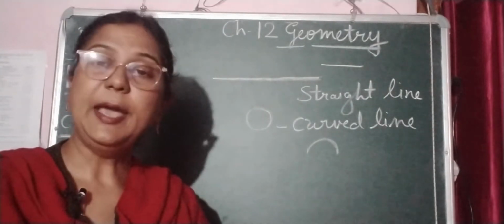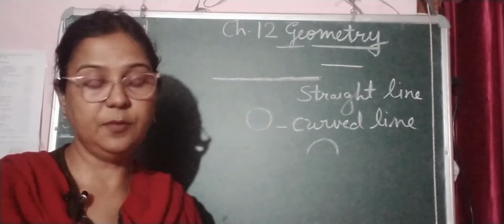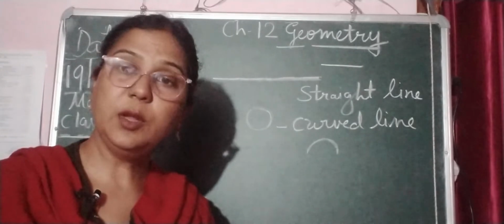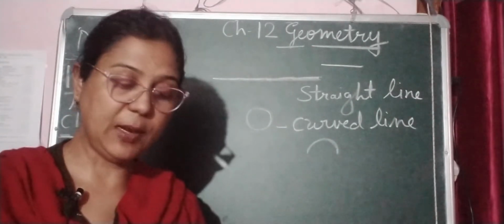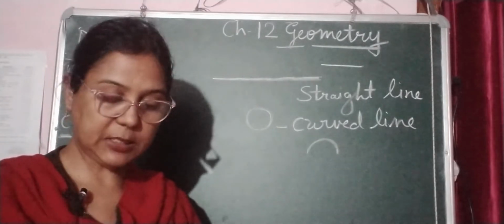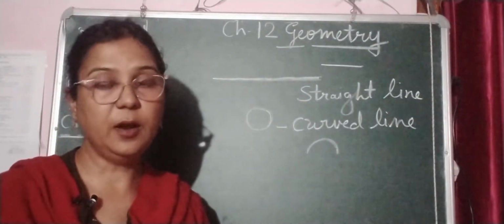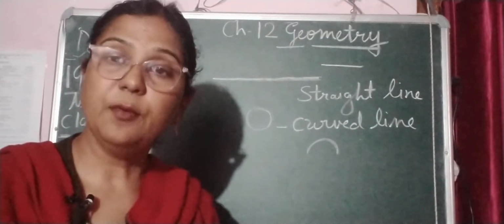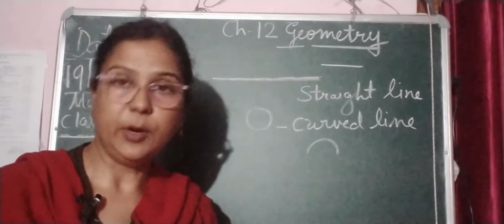Now children, as we have discussed open and closed figures in our previous video, on the basis of that we are going to solve our exercise, exercise number 12.2. So please turn over to page number 181. We are going to write the answers of exercise 12.2.